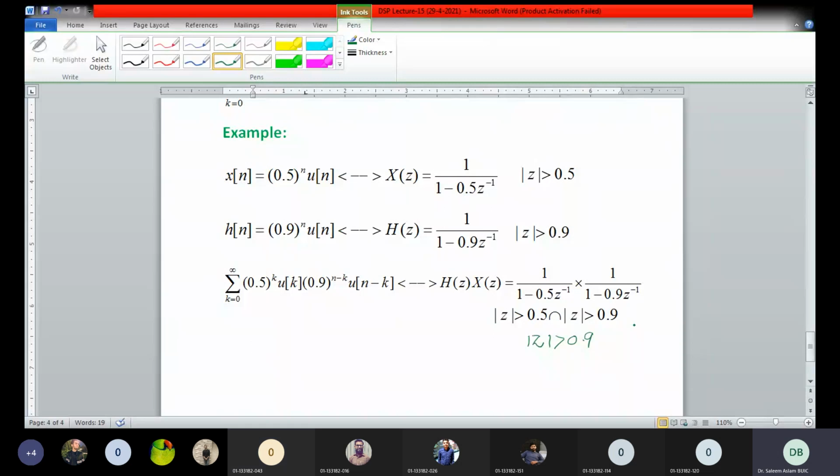So let's quickly review together what we have done in Z transform. If you remember, we discussed that Z transform is basically a discrete time transform. For a discrete signal, you are taking Z transform. The only sole purpose for taking Z transform is to check the stability of IIR systems.